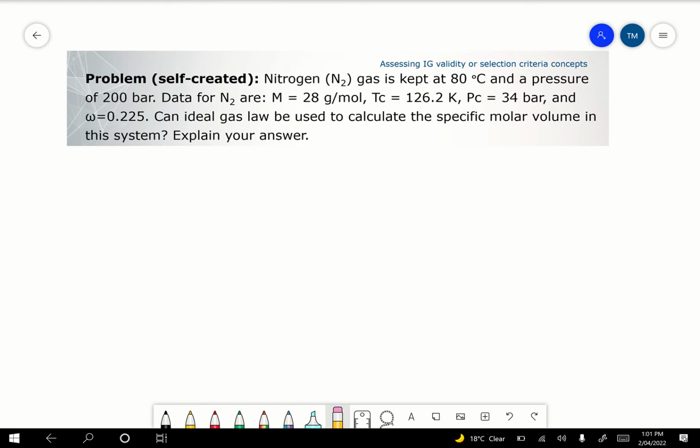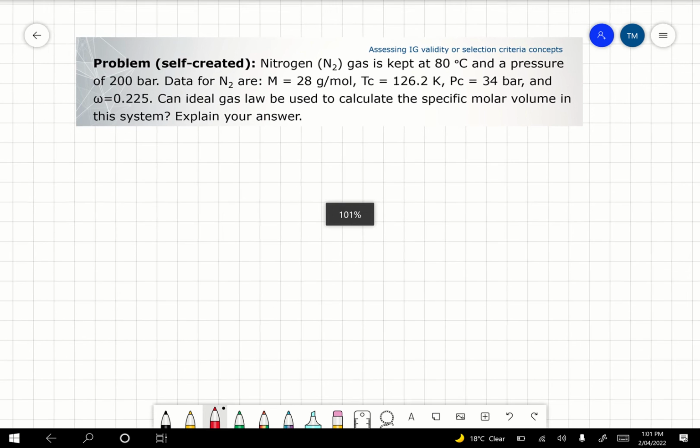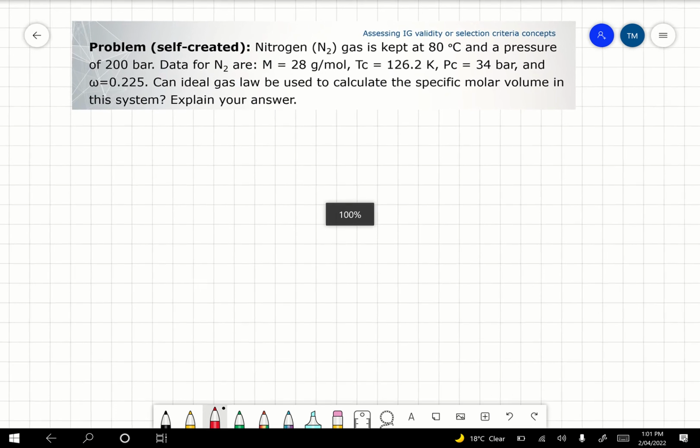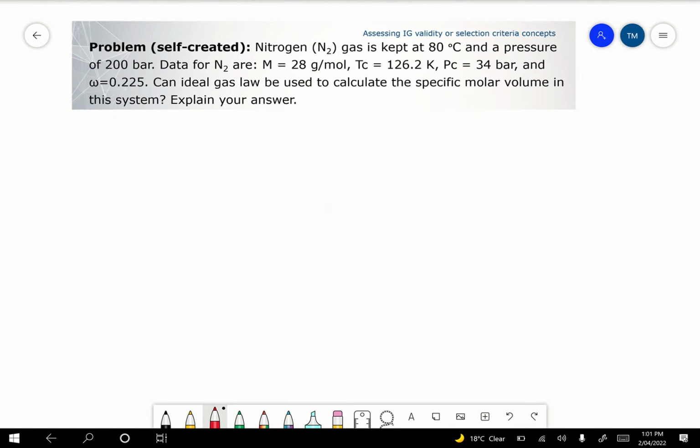Now using this knowledge, we can solve this question. The first thing is nitrogen. Nitrogen is a diatomic gas, right? So we can write this based on the data.